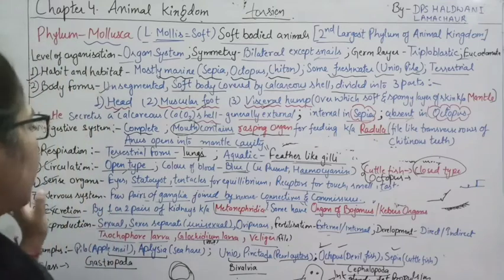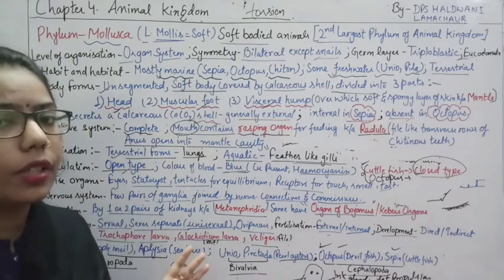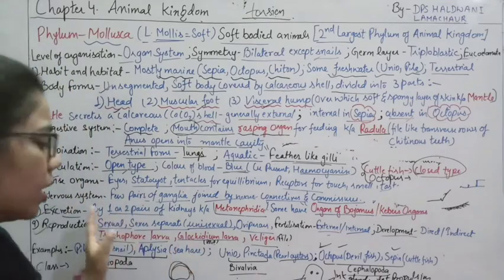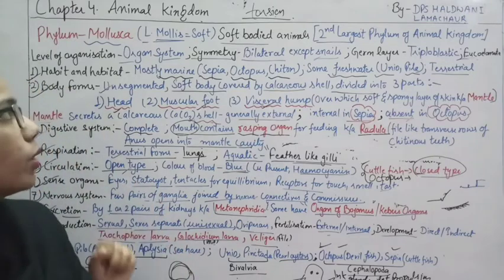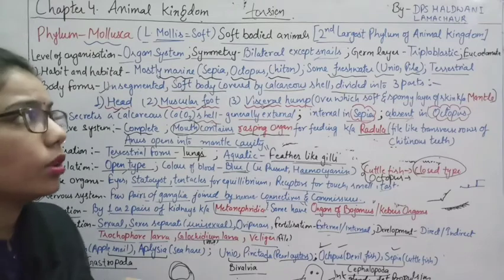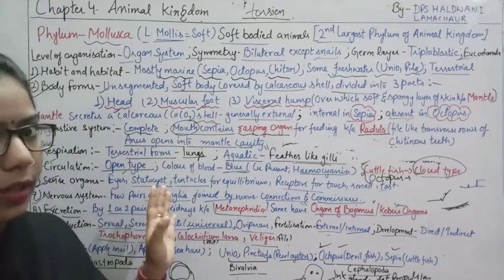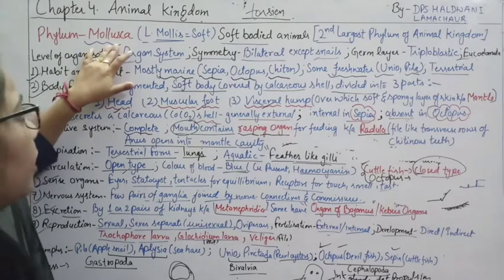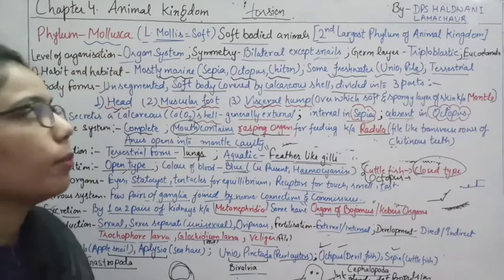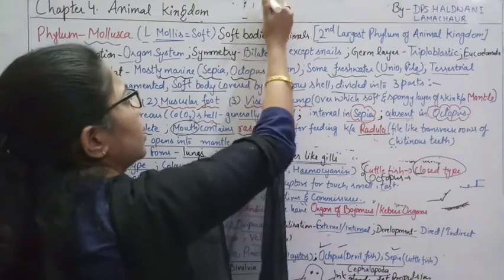After studying all these things about the general features and the distinct features, there are some more terminologies in this case. For example, when we talk about the study of Mollusca, what we will call it? Malacology.